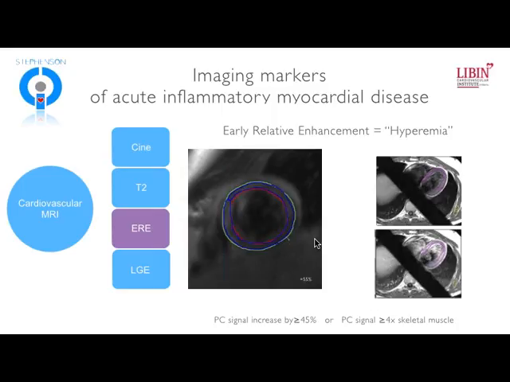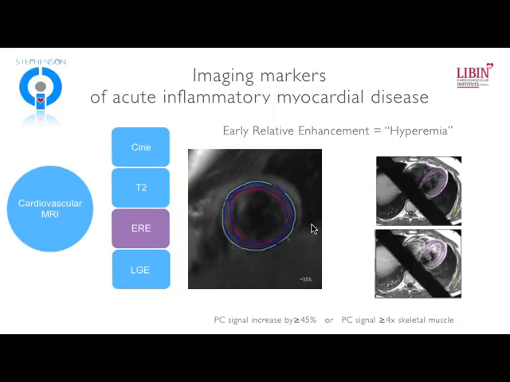The next technique that we have available to us is one that's used maybe not as consistently at sites, but is early relative enhancement. And the idea behind this is that if we do a T1 weighted image, both before and early following contrast administration, we may be able to get an assessment of how much increased myocardial blood flow there is within regional tissue.